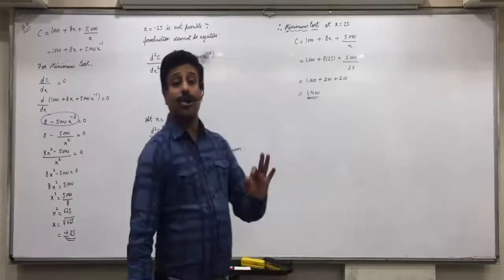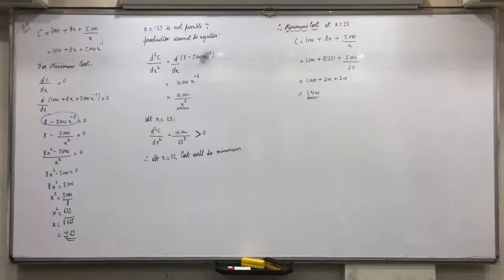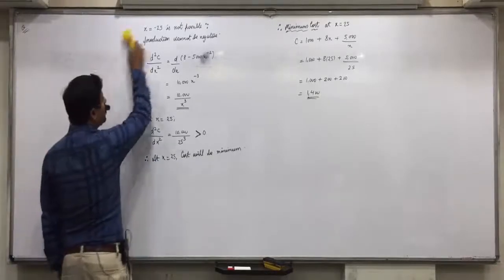So what is the minimum cost? Rupees 1400. Thus, at production of 25 units, the cost will be minimum, and the minimum cost is rupees 1400.